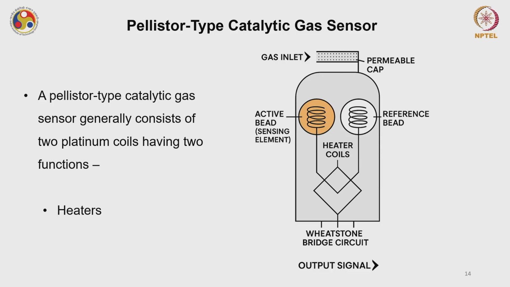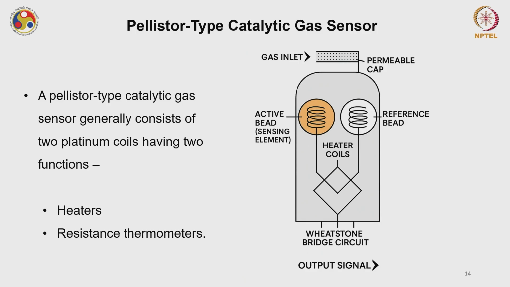So we were discussing the function of the two different platinum coils. Both the coils actually act as a heater as well as a resistance thermometer. You might know that most RTDs, resistance thermal detectors, are based on platinum wires.